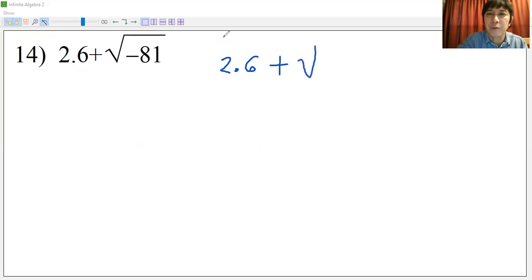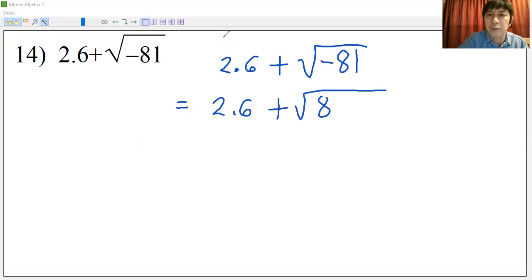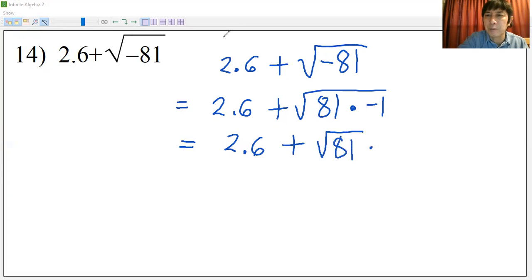Then we have here the square root of the negative number. That will give us the imaginary part. So this is equal to 2.6 plus square root of 81 multiplied by negative 1. And so this is equal to 2.6 plus, we can now have two square roots here: the square root of 81 multiplied by another square root of negative 1.